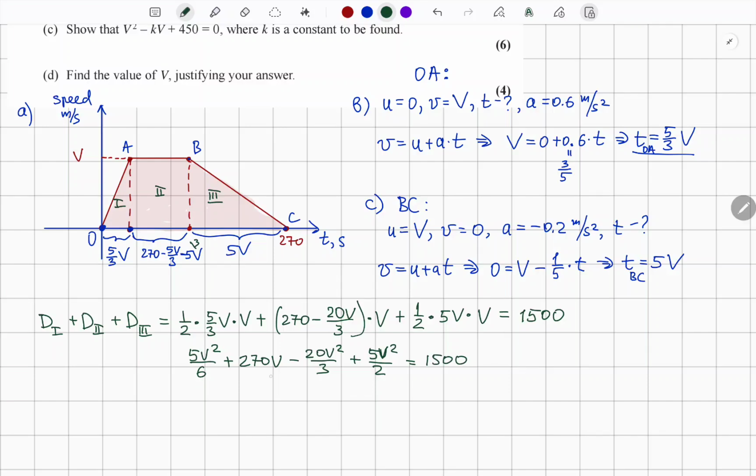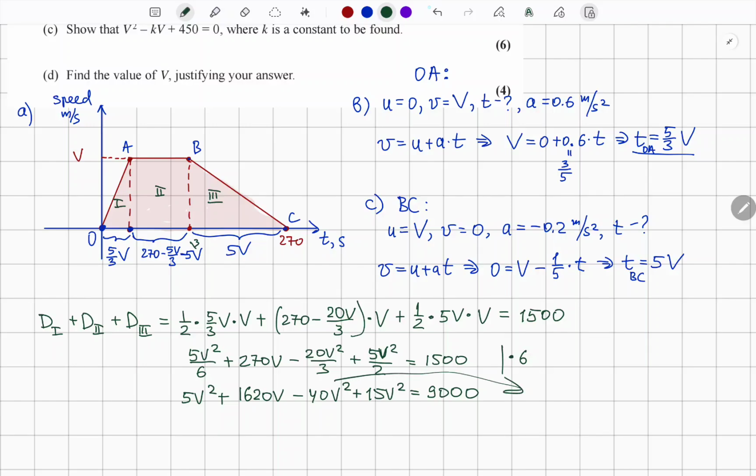It is equal to 1,500. I want to get rid of the denominator just by doing one step. I multiply by 6. So it's 5V² plus, I use my calculator, 1620V minus 40V² plus 15V² is equal to 9,000. So let's combine like terms.